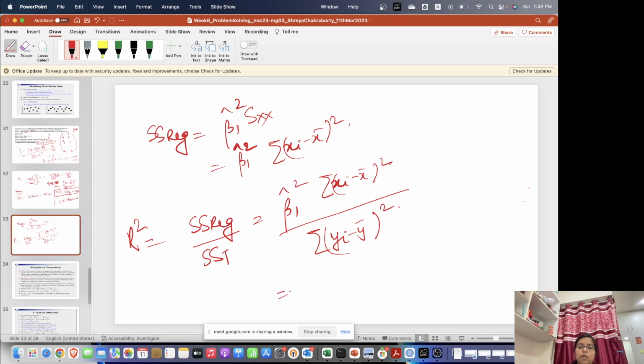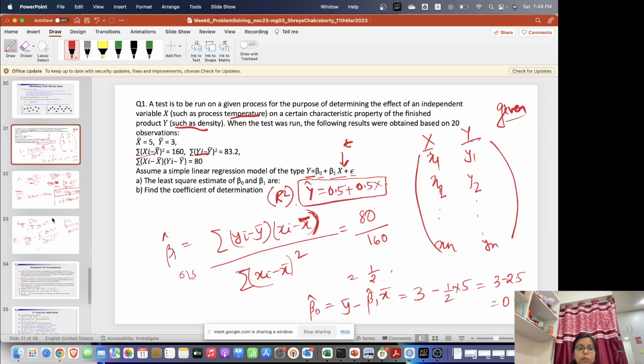Okay, so we had beta 1 hat as half, summation xi minus x bar whole square was 160, and summation yi minus y bar whole square was 83.2.